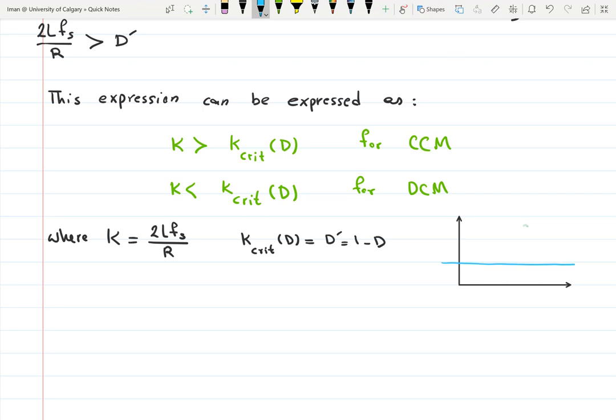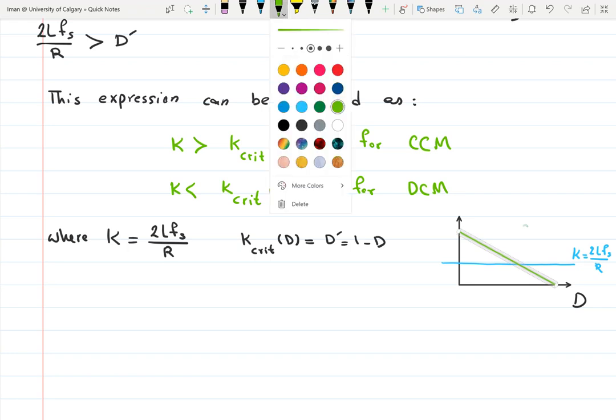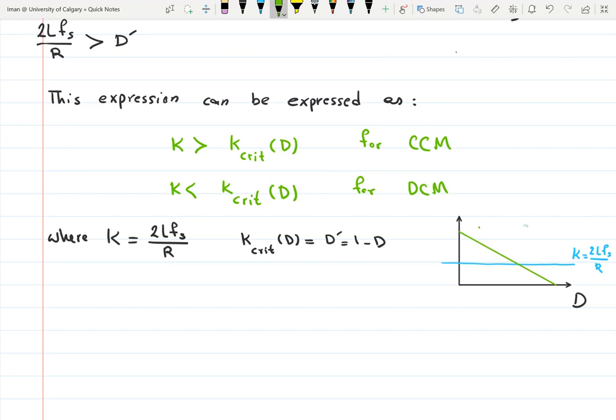So this is equal to K, and this is my K equal to 2 L F_s divided by R. So I have my K here, and then if this is a function of D, I would have my K critical being a line like this, right? Where this is the K critical of D equals D'.